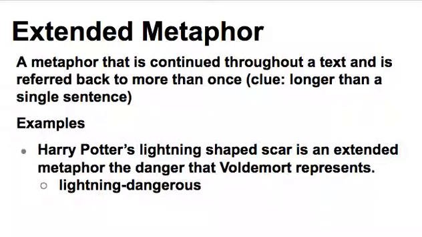I see now that I'm very Harry Potter focused, and I apologize for that. Harry Potter is just something that most of us have seen. So Harry Potter's lightning-shaped scar is an extended metaphor for the danger that Voldemort represents, right? Because lightning is dangerous. It's not like the scar on his forehead was in the shape of a flower, right? J.K. Rowling chose a lightning strike for a very specific reason. It's not a smiley face scar. That would not be helpful or meaningful.